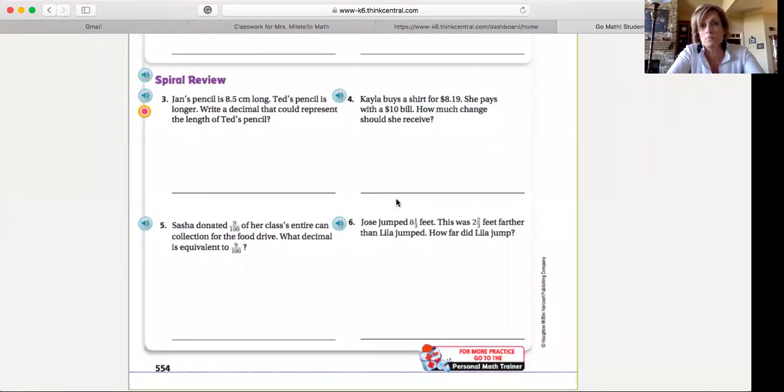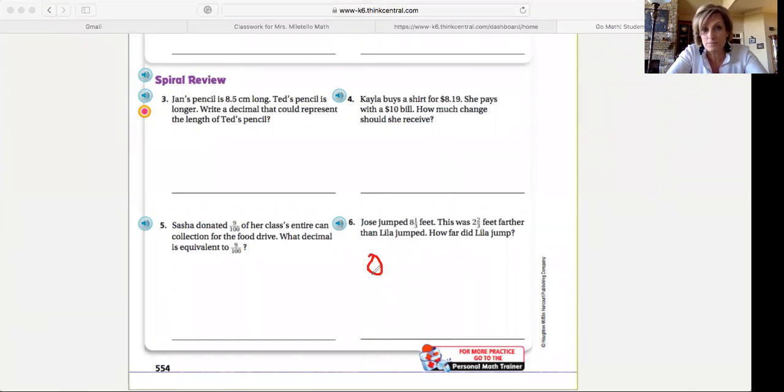So to get a fraction that's more than 1 from a mixed number, like you have 8 1/3, you take the 3 here, that's your denominator, and you multiply it by the 8. 8 times 3 is 24, and then you add the top number, the numerator, and that becomes your new numerator. So 8 times 3 is 24, plus 1 more is 25. So that's the first step that you have to do. That becomes your new numerator over your same denominator.